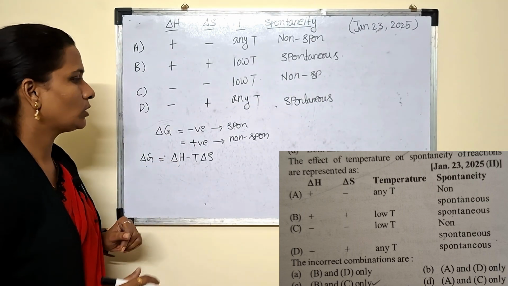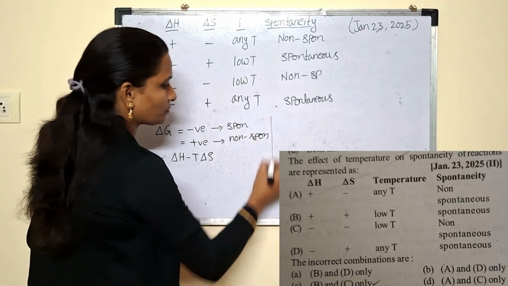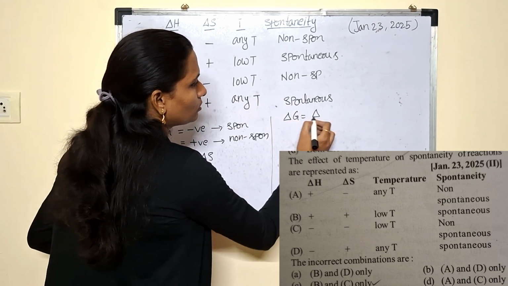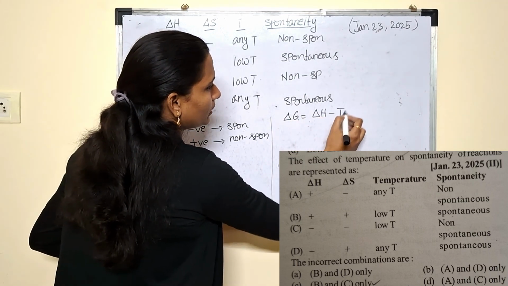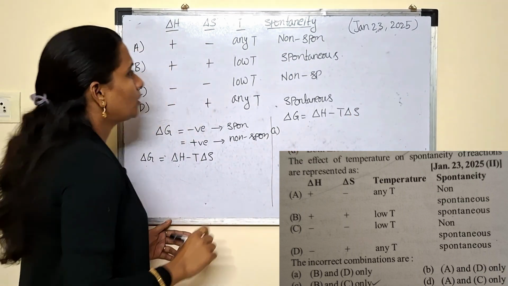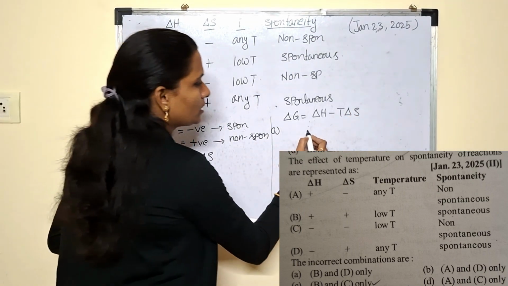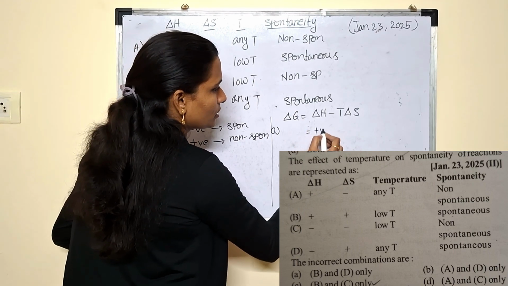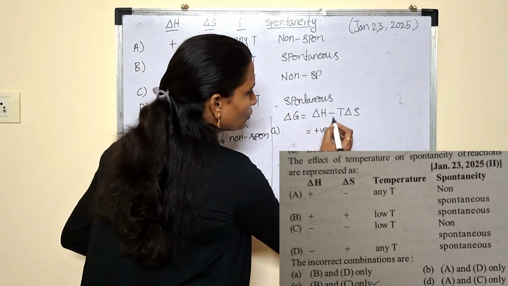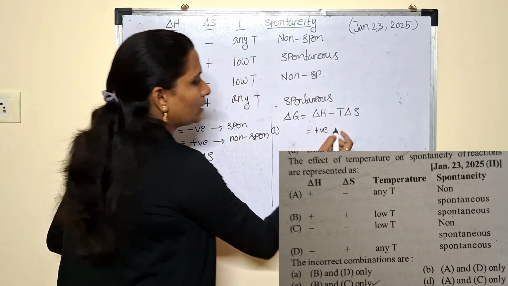Now substitute all the values. The formula is delta G equals delta H minus T delta S. Option A: delta H is positive, delta S is negative, and any temperature is given.